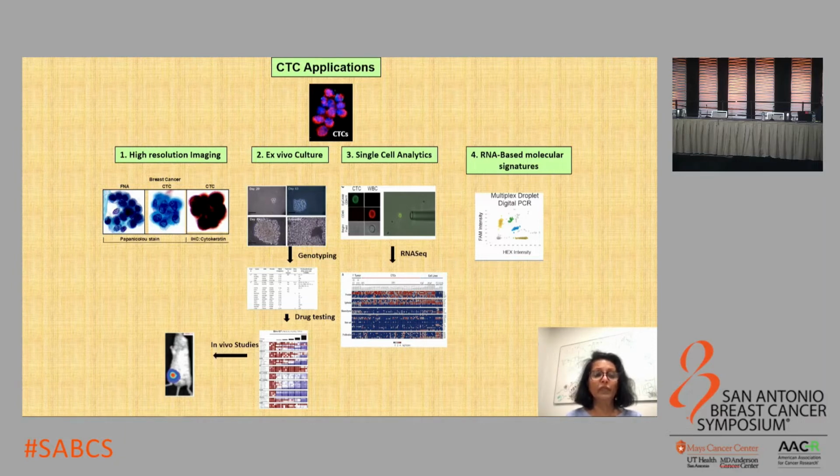The efficiency is relatively low, but these cultures are extremely unique because they come from patients with late-stage disease, and therefore they harbor unique mutations that are found only in patients who have been treated extensively with various therapeutic regimens, and they can be genotyped and subject to drug sensitivity assays, and they can also be used for in vivo studies to understand mechanisms of metastasis.